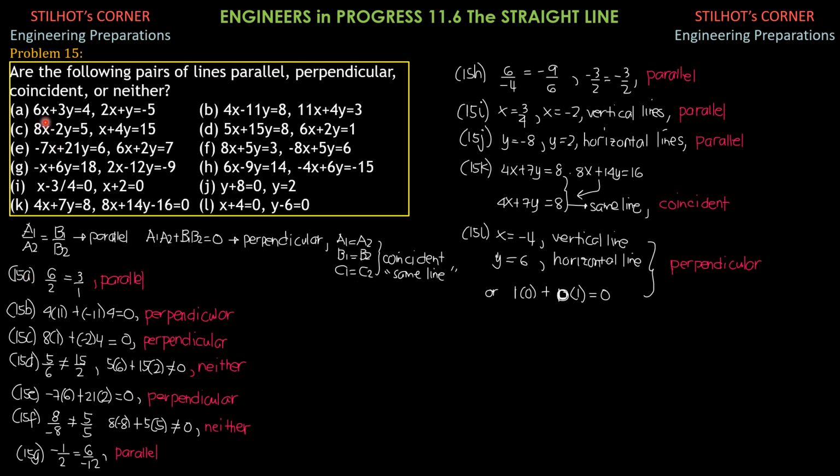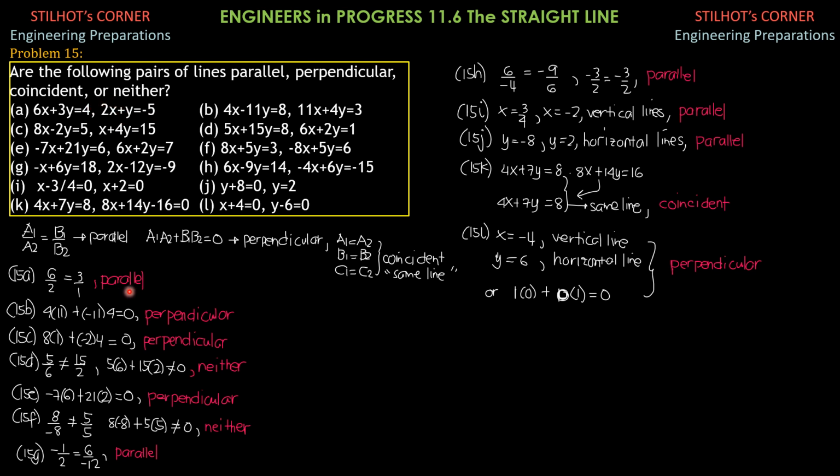So for number 1, these are the pairs of lines. 6 over 2 is 3, and 3 over 1 is also 3. Because they are equal, this 15A are parallel lines, because the constants are different.